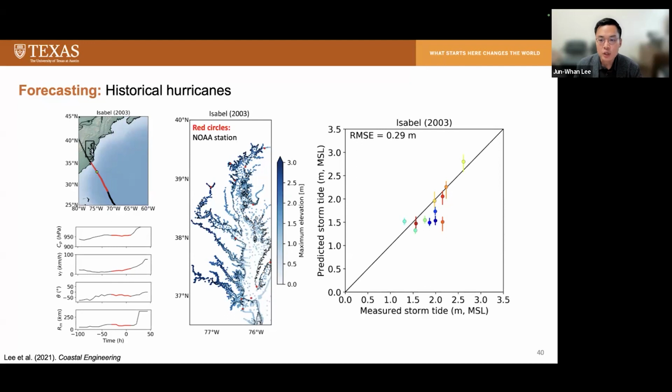The left figure shows the hurricane parameter time series of Isabel that was used as an input of the machine learning model, and the middle map shows the peak storm surge predicted by the machine learning model, and the small red circles represent the locations of NOAA tide stations where we can get the water level observations. And the right figure shows the comparison between the water level observations on the x-axis and the machine learning model prediction on the y-axis, which confirms the machine learning model's high accuracy in terms of storm surge forecasting.